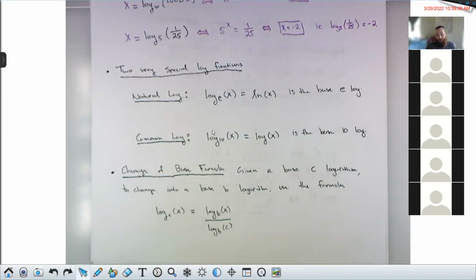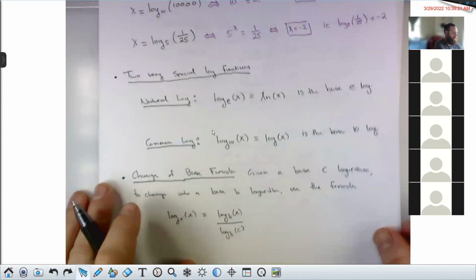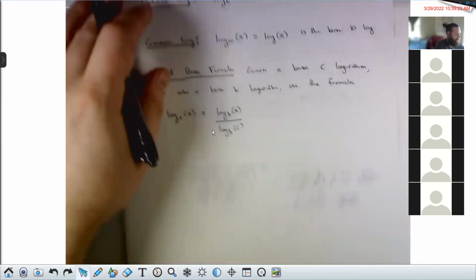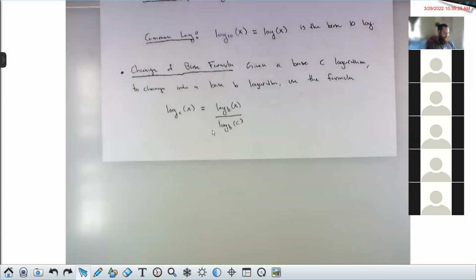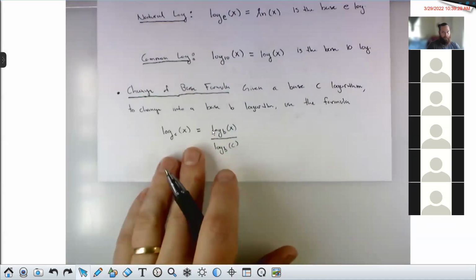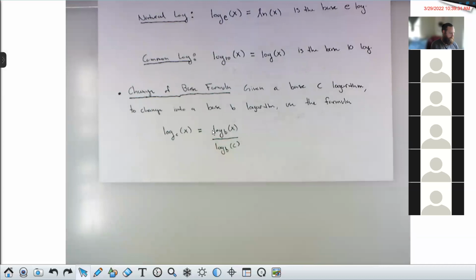C and B could be anything you want. And sort of the point is that we want to go from a base C log into a base B log. The special cases of which we find most useful are changing into the natural log or the common log. Because those are the things we have calculator tools for.